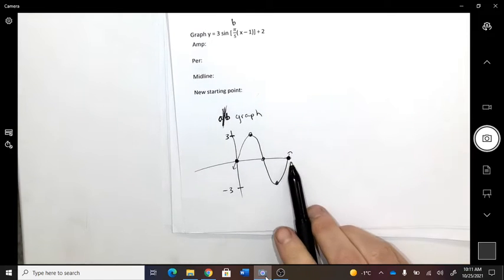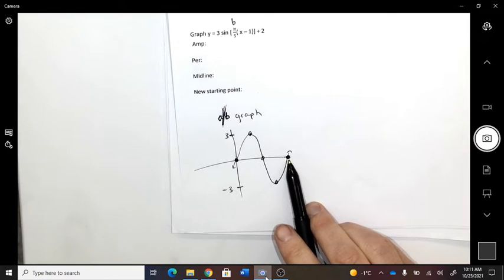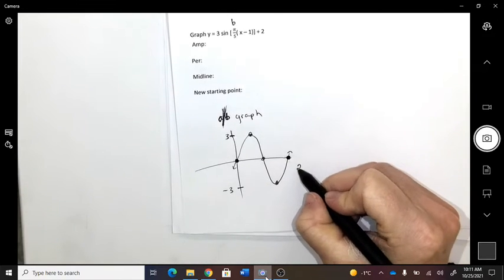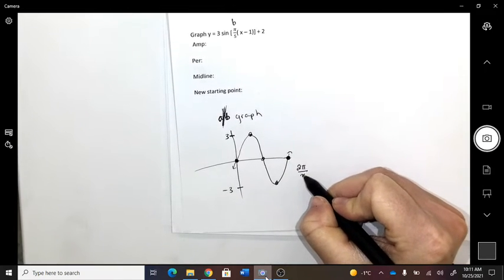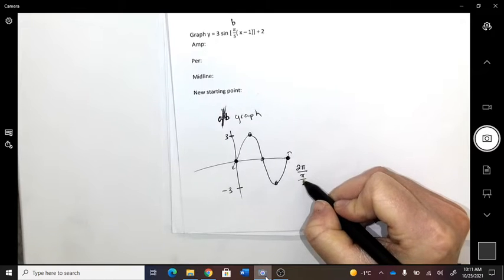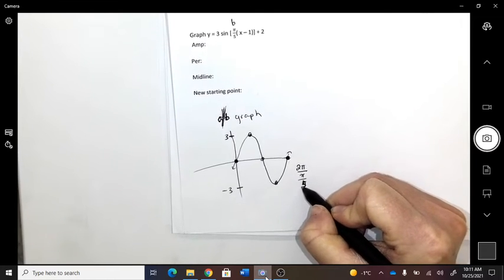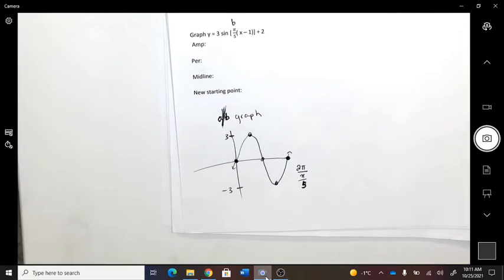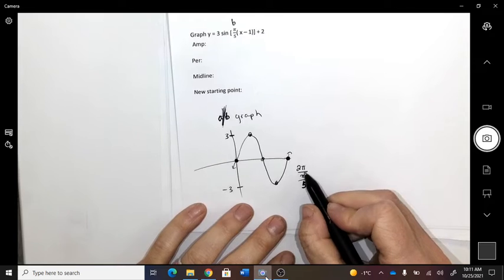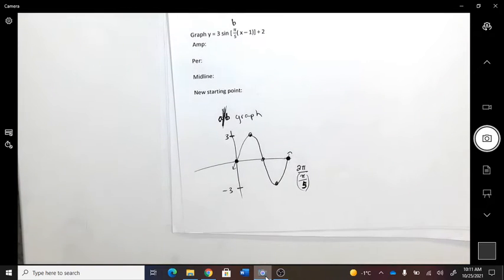So this x coordinate was originally 2 pi, so I'm going to go 2 pi divided by b. What do you want to do with this dividing a fraction business?